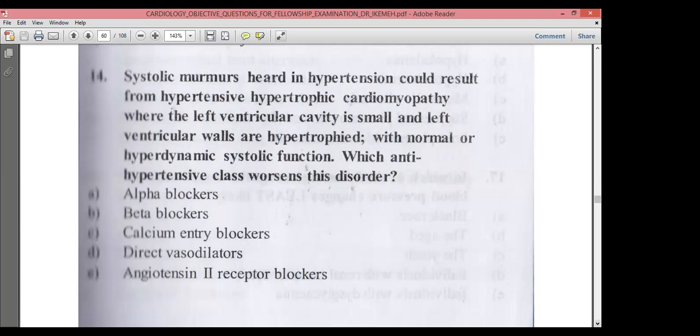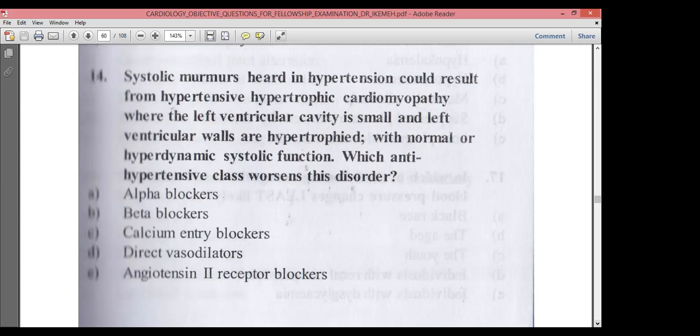But we know that they will cause vasodilatation, and from mechanism, they will worsen it. Beta blockers are the ones that are preferred. After beta blockers, you have disopyramide, which can also be used in hypertrophic cardiomyopathy. And then the non-dihydropyridine calcium channel blockers, as I said, have been used because of their rate controlling effects.